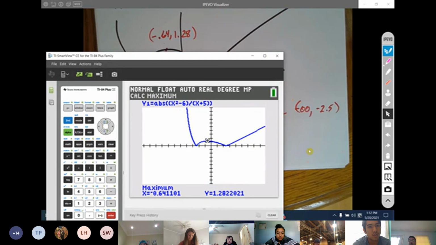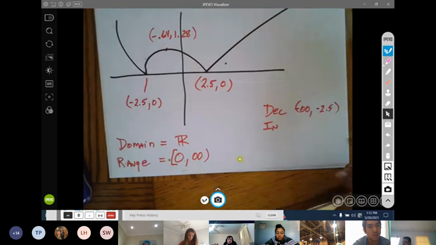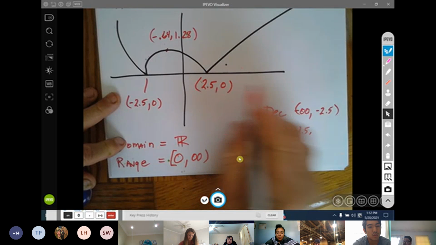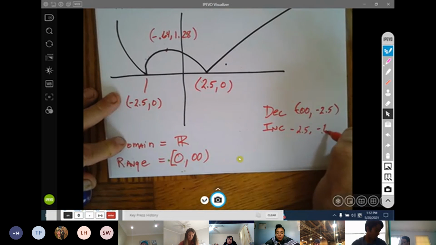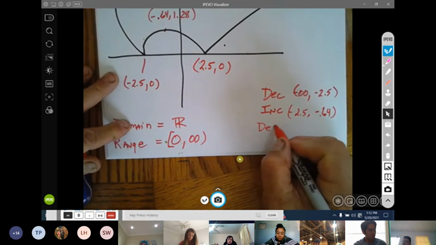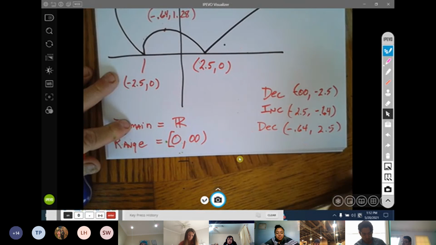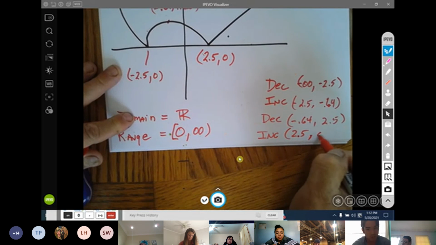So your increasing is from negative 2.5 to negative 0.64, and then decreasing from negative 0.64 to 2.5, and then increasing from 2.5 to infinity.